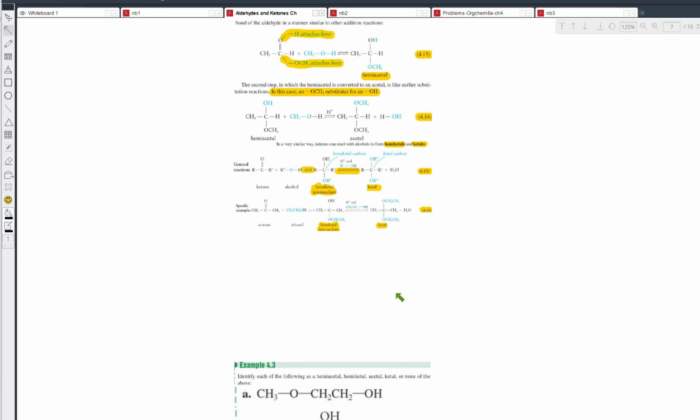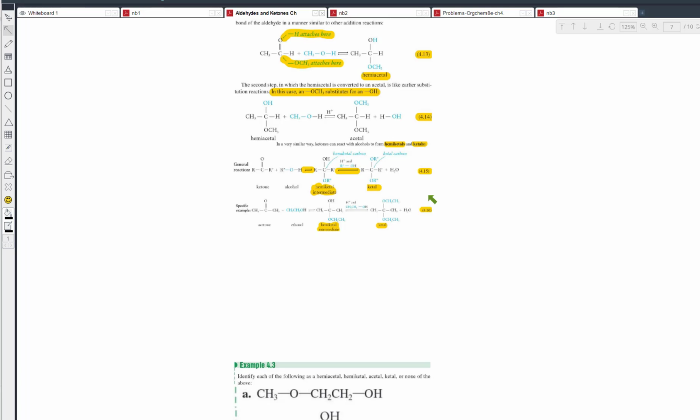This OH goes with H, becoming water, and this OCH3 again goes onto this carbon, replacing the OH. Now, in a very similar way, ketones can react with alcohols to form hemiketals and ketals.